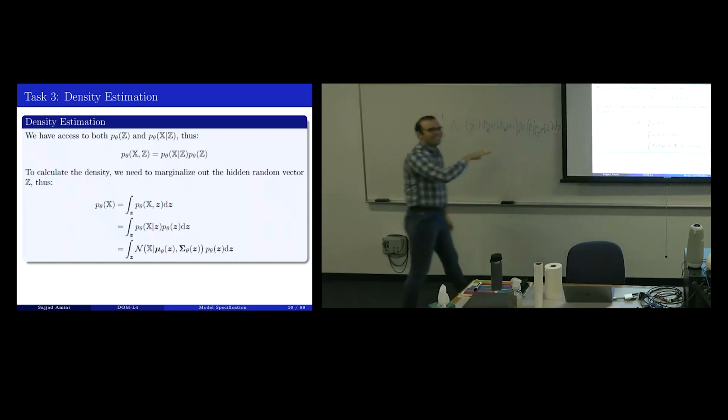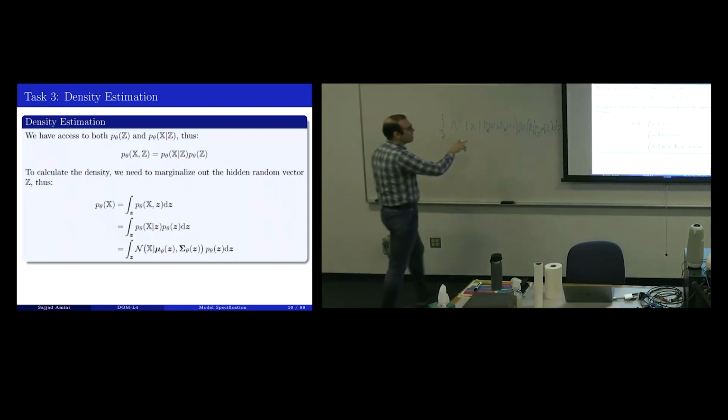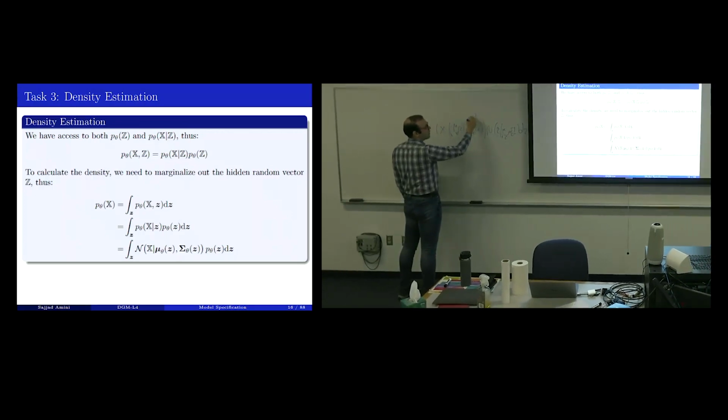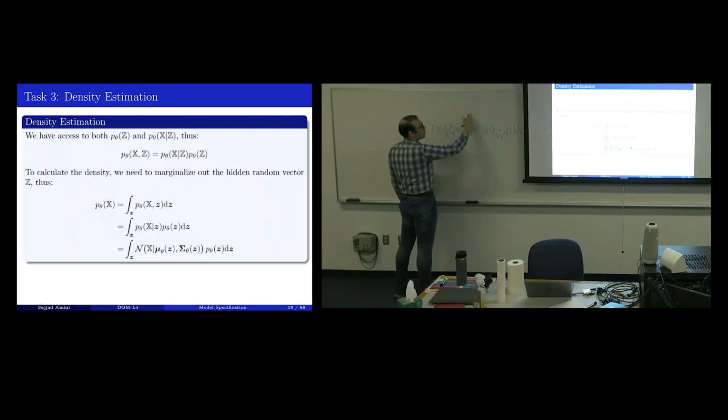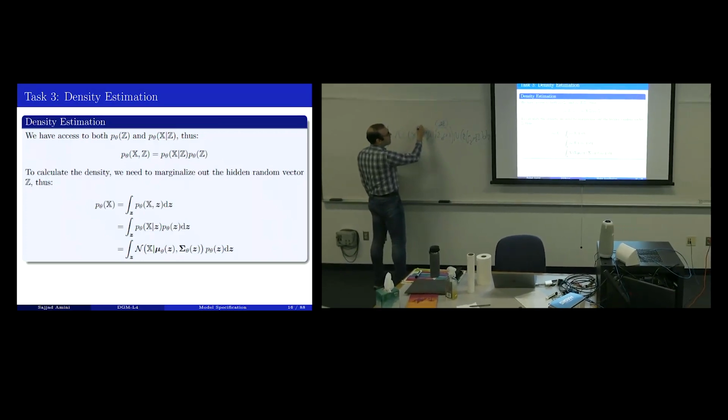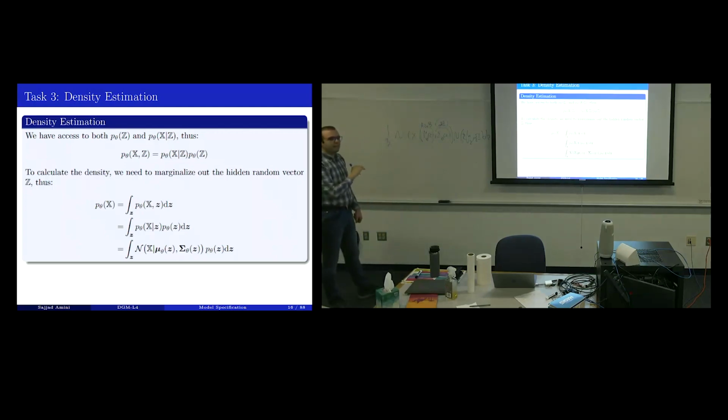You should calculate this integral. This integral is tractable when, in the simplest case, you assume that the covariance matrix is not dependent on z, excuse me, and the mean is just an affine transformation over z.